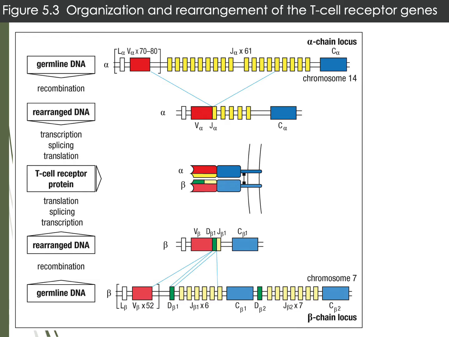So that's going to have 2 rounds of recombination where you have the DJ being selected and then VD being selected. That ends up making up your final T cell receptor protein. And again, just like with a B cell, that means that T cells' germline DNA is different than their DNA after they go through development and select their T cell receptor.